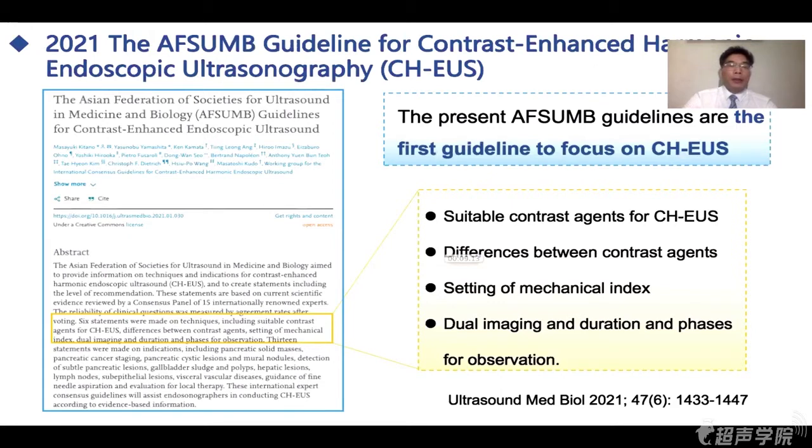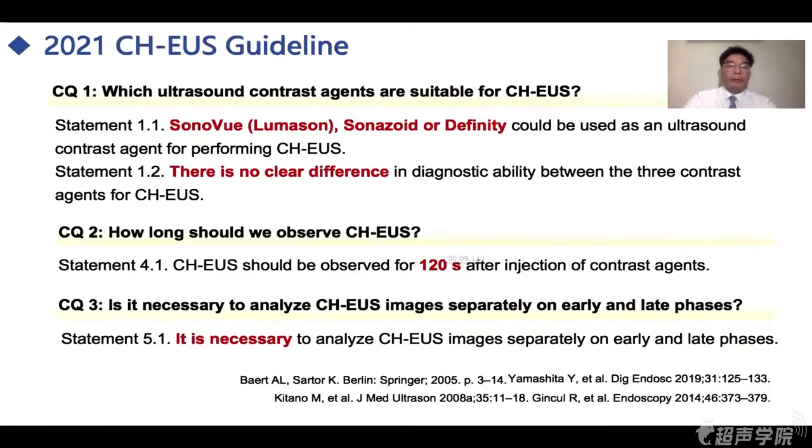The 2021 Asian Federation of Societies for Ultrasound guidelines are the first guidelines to focus on CHEUS. It is mainly about 4 aspects. 1. Suitable contrast agents for CHEUS. 2. Differences between contrast agents. 3. Setting of mechanical index. 4. Dual imaging and duration and phases for observation.